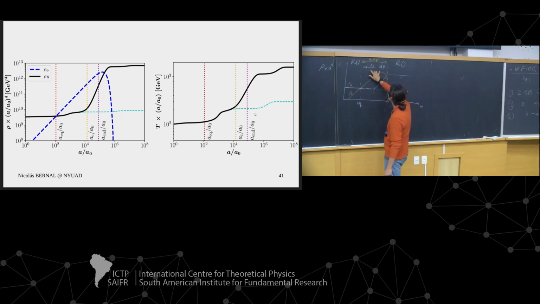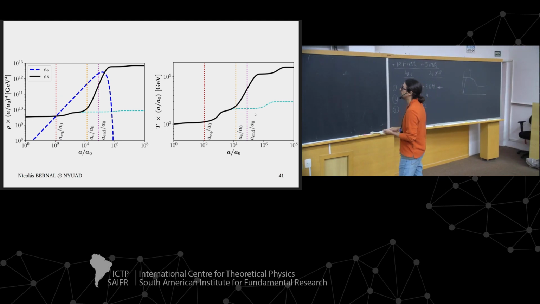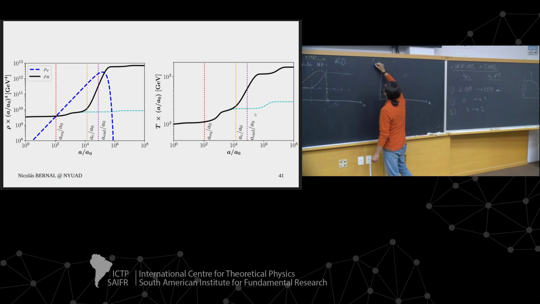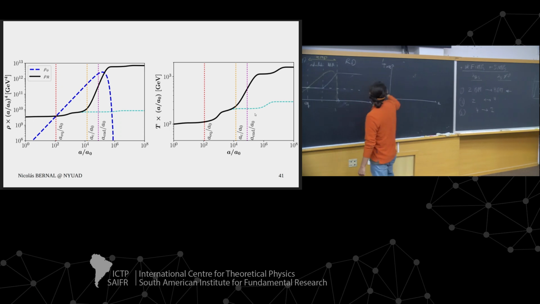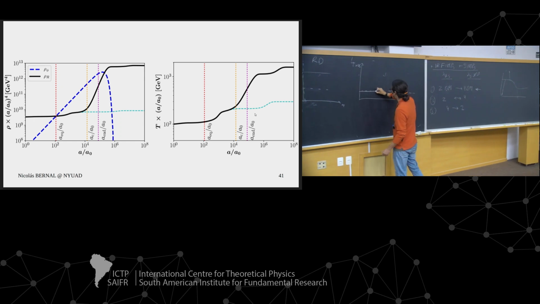Two epochs in the early matter domination, adiabatic and non-adiabatic, depending on whether the guy is effectively decaying or not. And this is basically the same plot as on the right: the evolution of the temperature times a. You expect temperatures to go like 1/a, so if it's times a, you expect a constant behavior. And the three scales here.